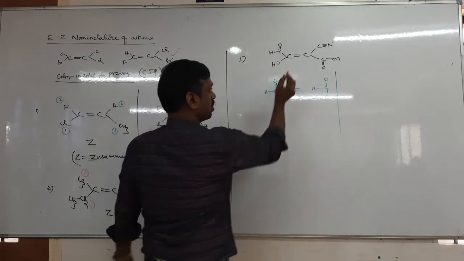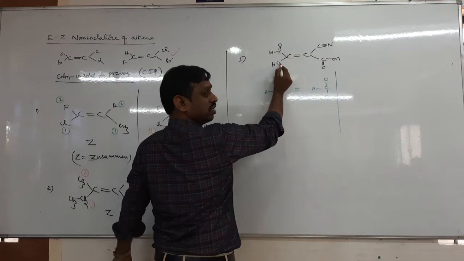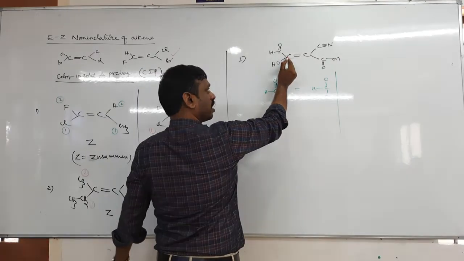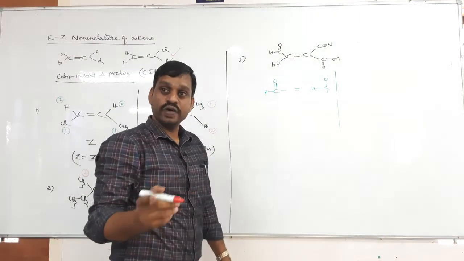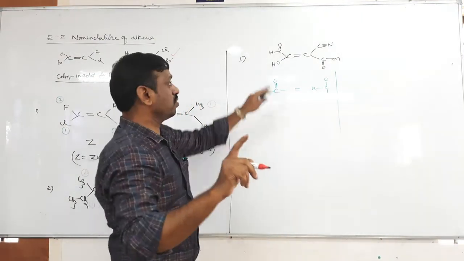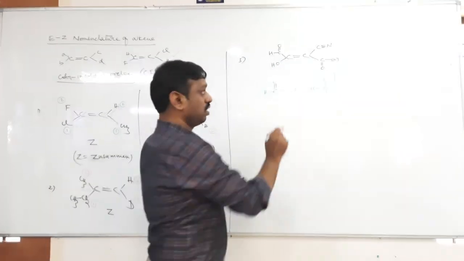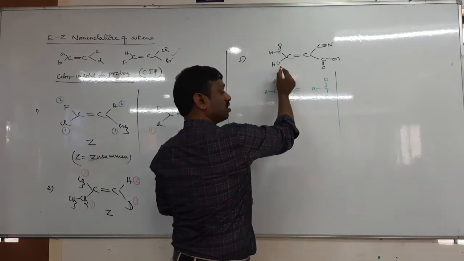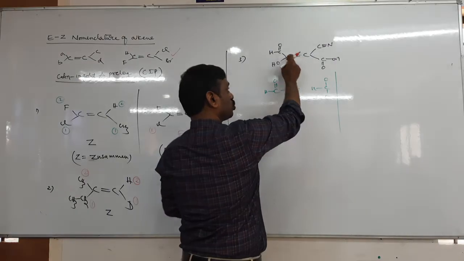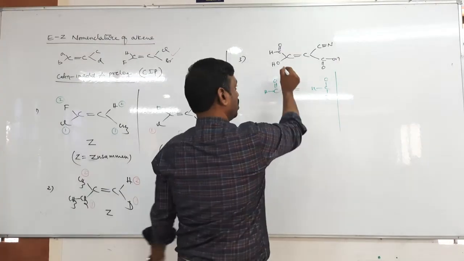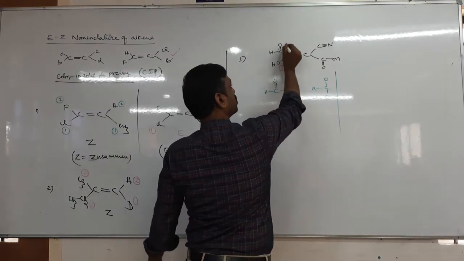Which will come first? Carbon atom attached to oxygen, or carbon attached to C double bond O? Obviously oxygen. You don't see the big group or small group. This carbon is directly attached to oxygen, whose atomic number is 8. The other carbon is directly attached to carbon, atomic number 6. Therefore, this is 1, this is 2.